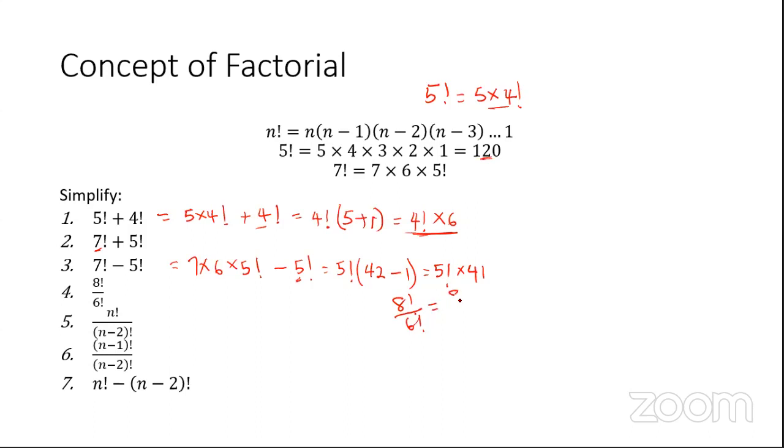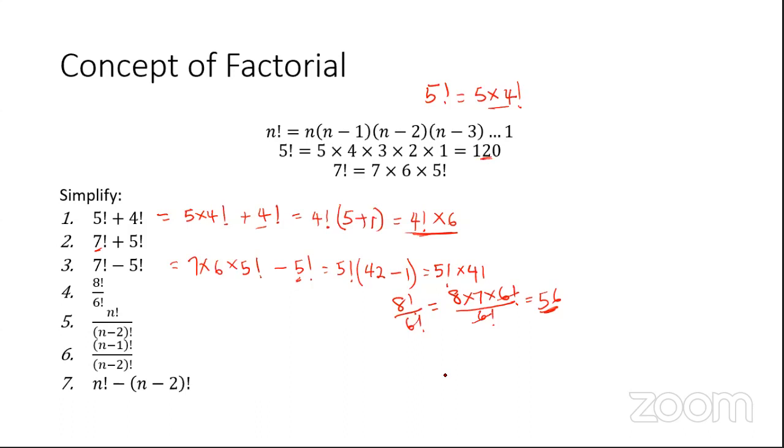So if you have to reduce it, 8 times 7 times 6 factorial, stop at 6 factorial, divided by 6 factorial. So 6 factorial cancels 6 factorial. 8 times 7, that's 56. So that is what you mean by that.